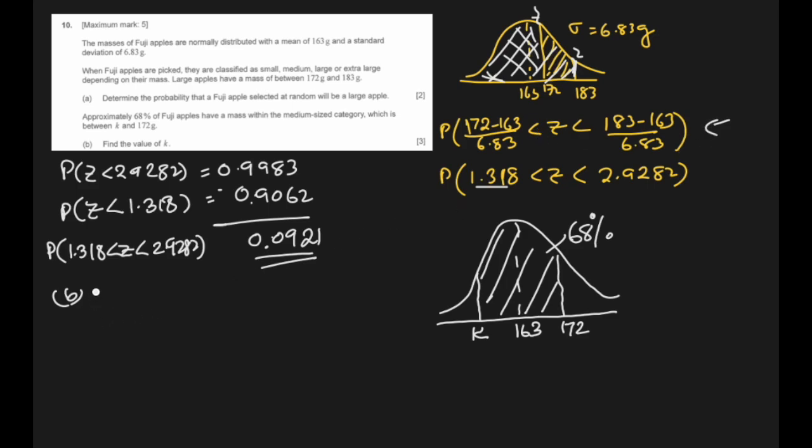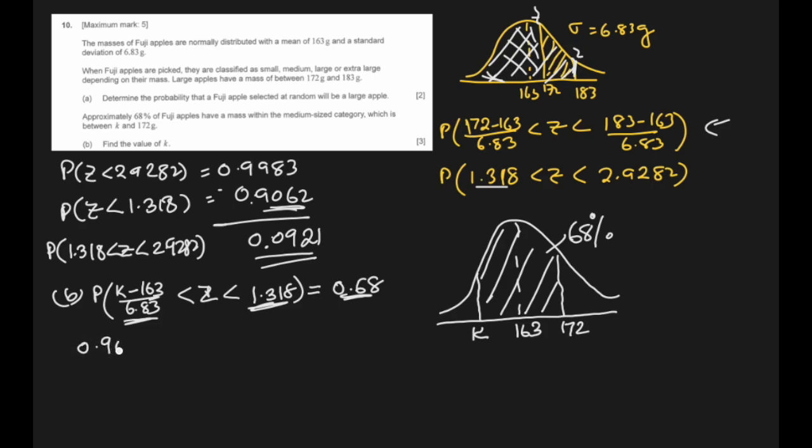So P of K minus 163 divided by 6.83 less than Z, and we got Z for this one already, 1.318 for 172. Okay, and that probability is 68%, 0.68. So we'll do exactly the same thing as we did here. The probability of this minus the probability of this Z will be 0.68. So 0.9062, this is what we got for it.